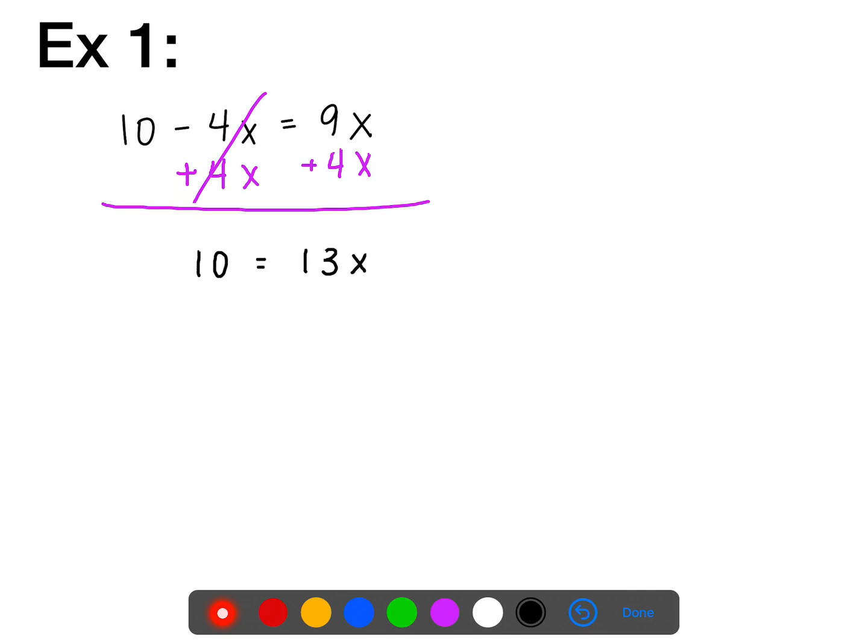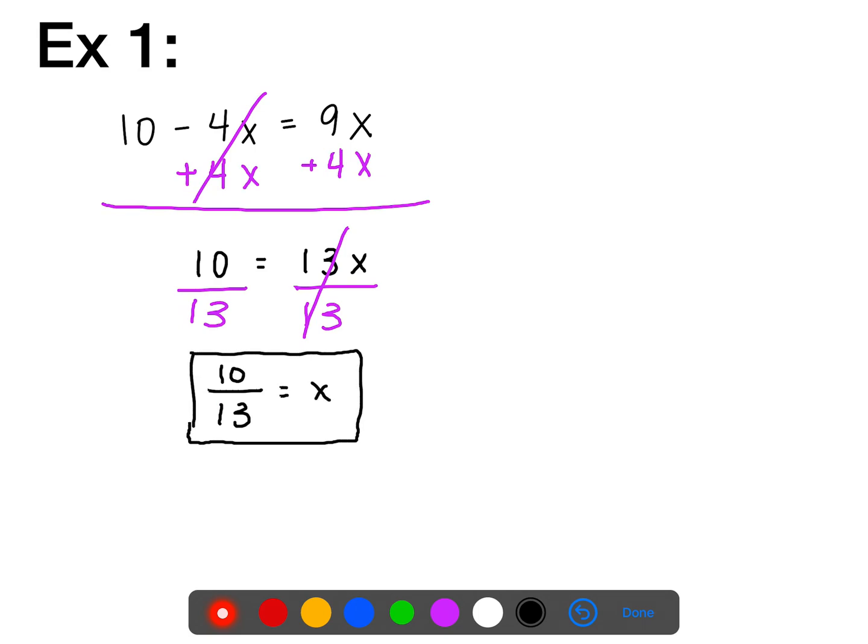Now there's nothing I can add or subtract, so I can skip that step. And the last thing I have to do is divide by 13 in order to get my x by itself. And I end up getting 10 over 13 equals x. And you can leave it like a fraction like that.